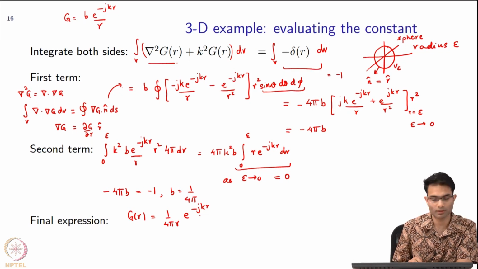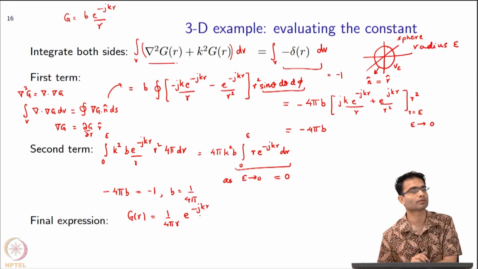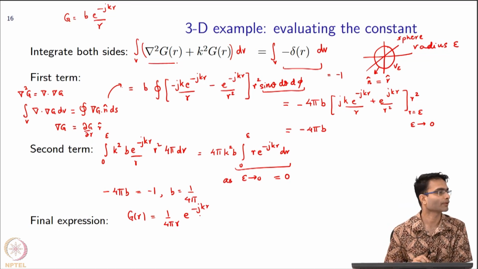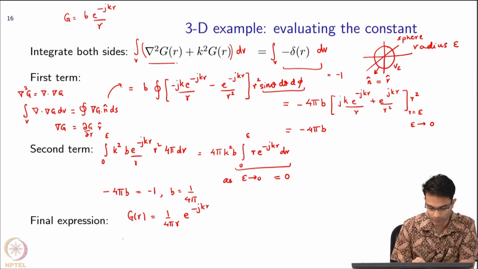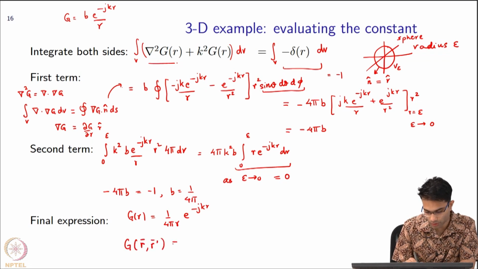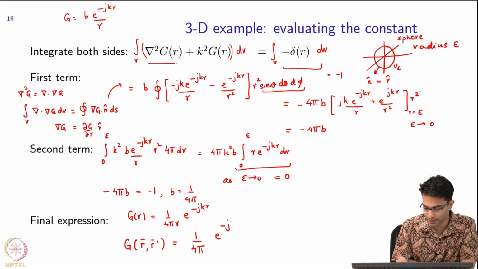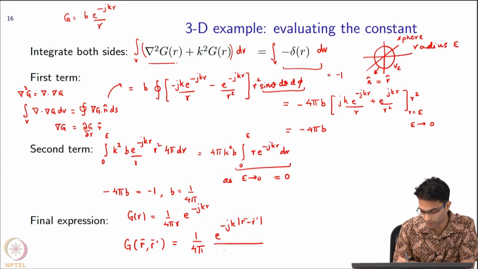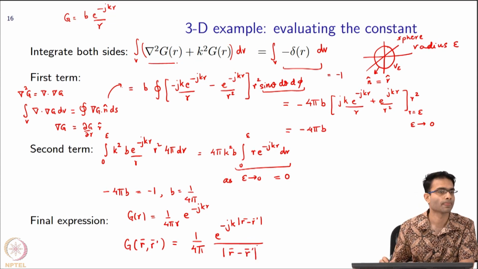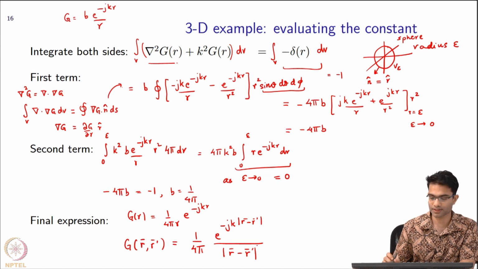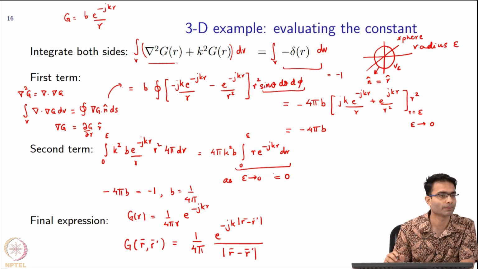So, once again, this was when I placed the impulse at the origin, but if I want to write it in general, I will ask what is g of r, r prime. So, now I should write it in a little bit more careful way. I will have 1 by 4 pi e to the minus j k mod of r minus r prime divided by mod of r minus r prime, because I am interested only in the distance between the two.